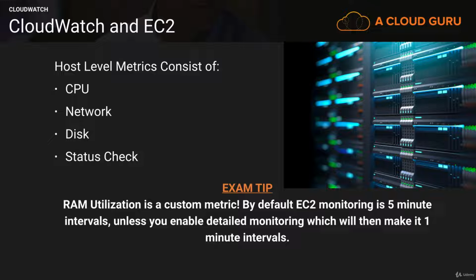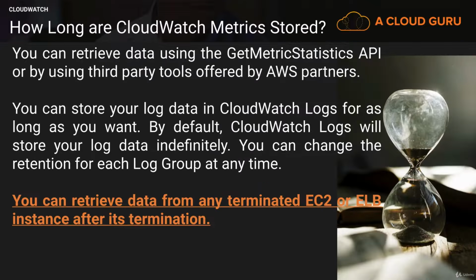We're going to use a Perl script to go in and configure it on our EC2 instance, and then we're going to start pushing these metrics to CloudWatch. So just remember going into your exam, if it's not CPU, network, or disk, or the actual status of the EC2 hardware, the EC2 host, as well as the EC2 instance, then it's going to be a custom metric. And you will be tested on this throughout the exam.